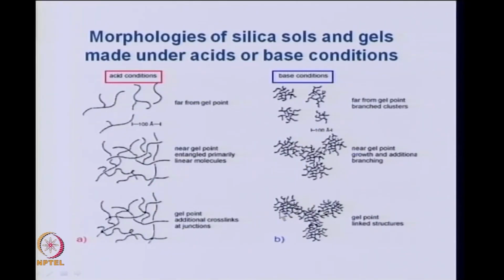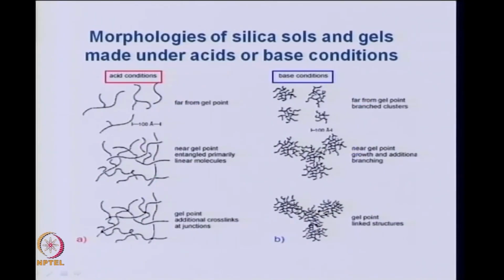So, if you compare the acidic and the basic condensation, you see that under the acidic conditions you get more porous or more sparsely arranged chains, whereas in basic conditions you get more close knit chains or clusters which have small lengths.